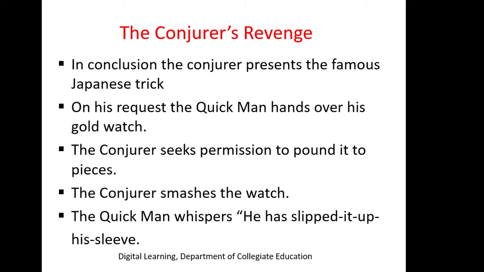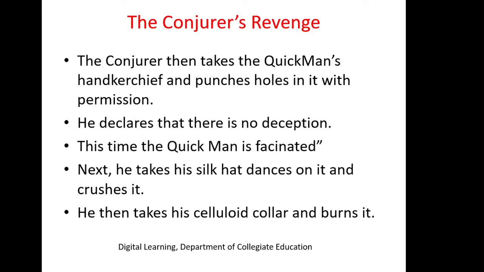The conjurer smashes the watch, and the quick man says he had slipped it up his sleeve. The conjurer then takes the quick man's handkerchief and he punches holes in it with the permission of the quick man. He shows them the handkerchief which is full of holes and tells them, see, this is very clearly visible to the eye. There is no deception.